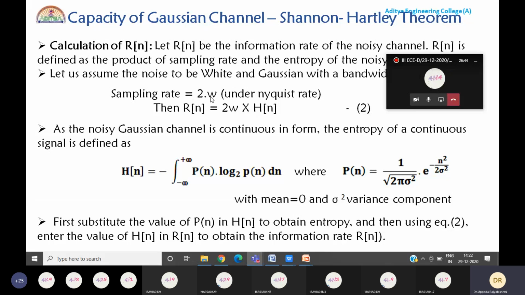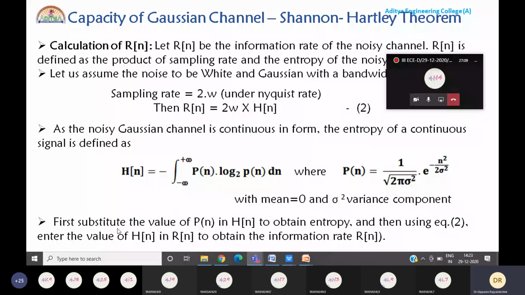So the sampling rate will be 2 into omega. That's why we have represented H of n with an integration instead of summation, because it is a continuous channel. The final thing is to calculate the entropy. Then only can we calculate the information rate R of n.